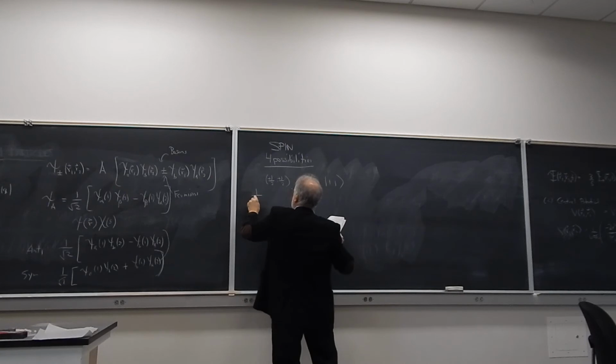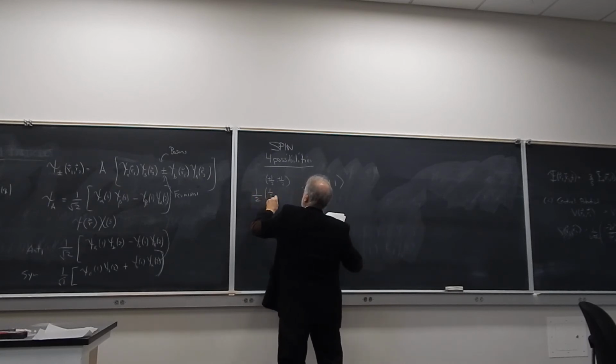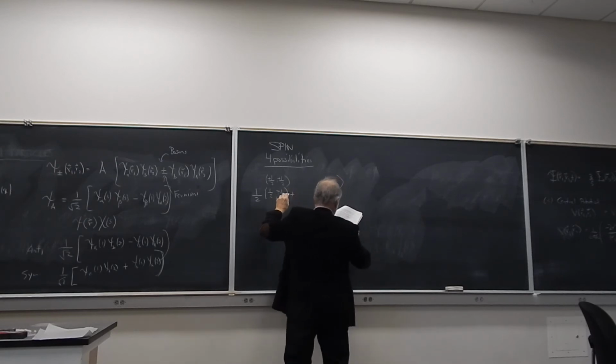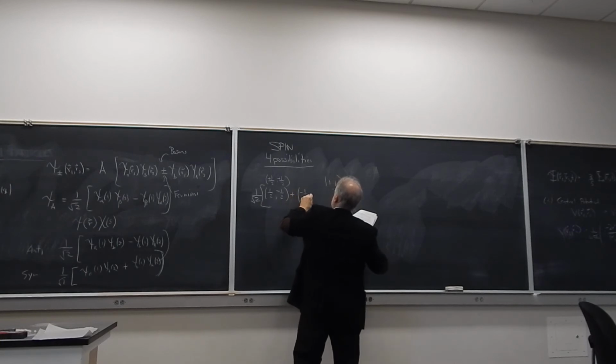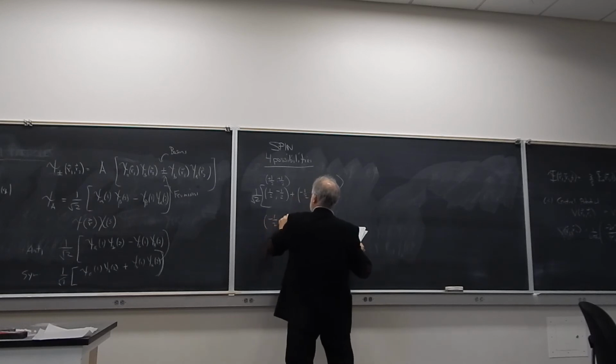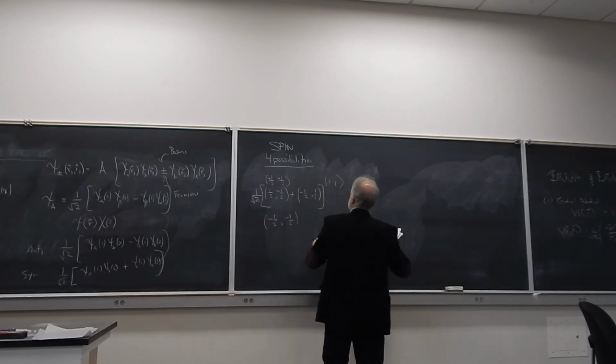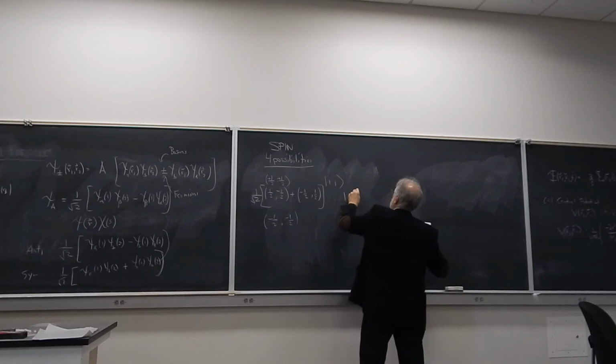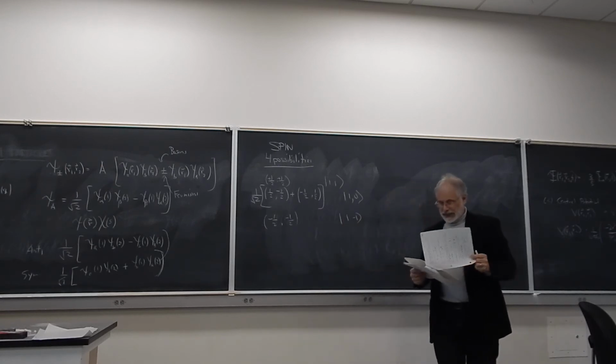I can have 1 over square root of 2, minus 1/2, 1/2, and I can also have the minus 1/2, minus 1/2. So this corresponds to 1, 0. This corresponds to the 1, negative 1 ket. Okay?